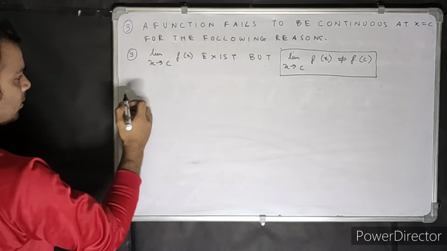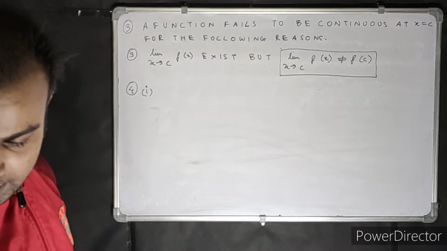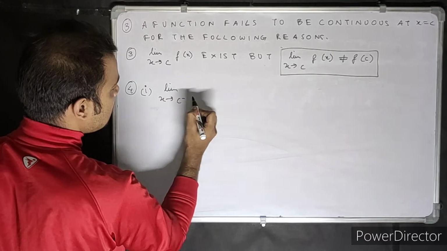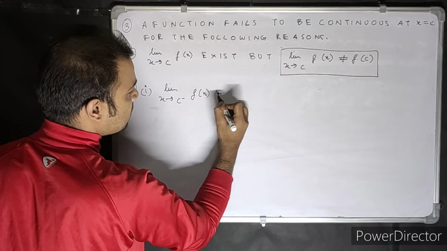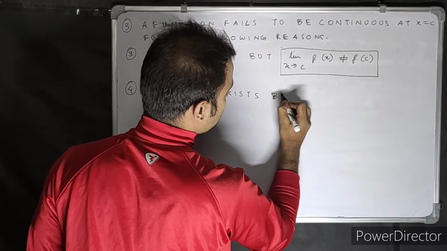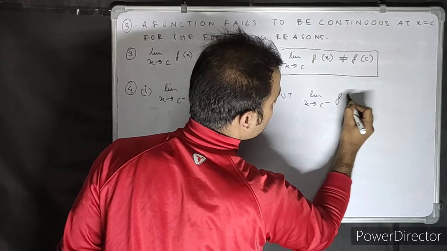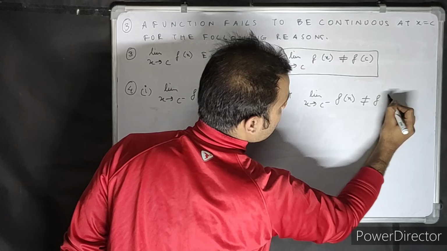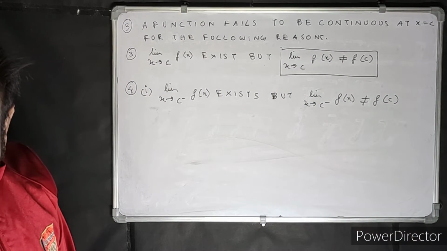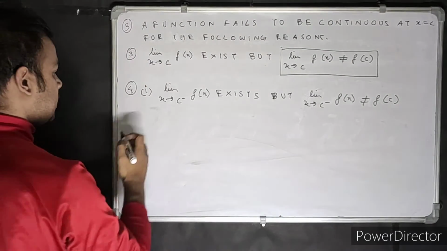Now the fourth part. Fourth part again has 2 parts under it. The first part is very simple. Limit of x tends to c negative f of x exists. It does exist, but by now you have understood, limit of x tends to c negative f of x is not equal to f of c. So this is the fourth one. This is why the function will be discontinuous.